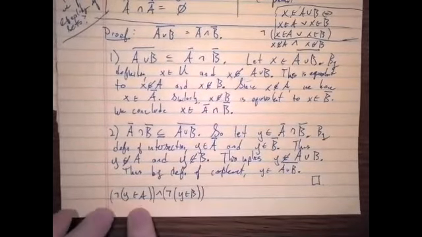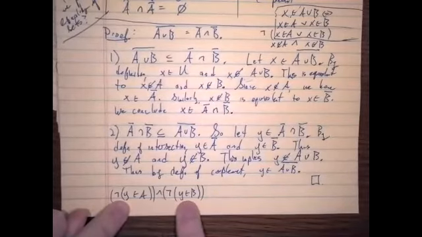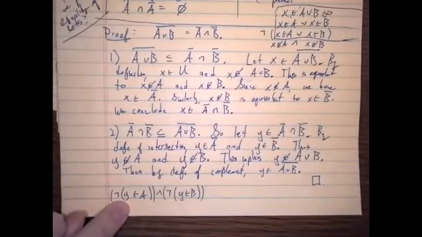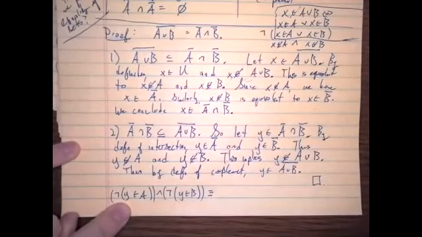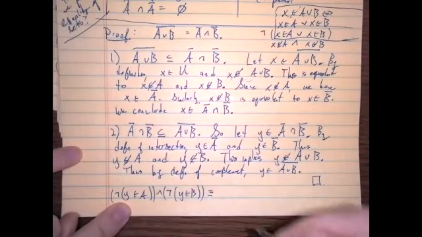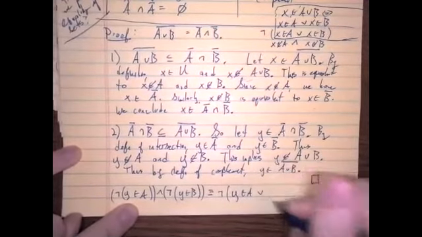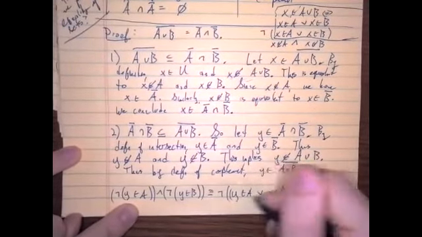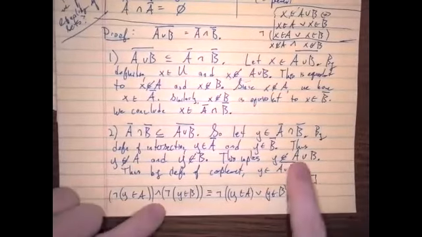That's the same thing as the negation of the statement y is in A and the negation of the statement y is in B. And what is this equal to by De Morgan's? This is the same thing as the negation of y in A or y in B. And then I can translate this statement to a statement about the union.